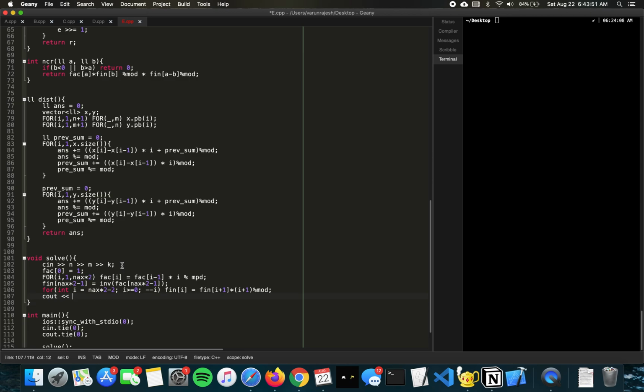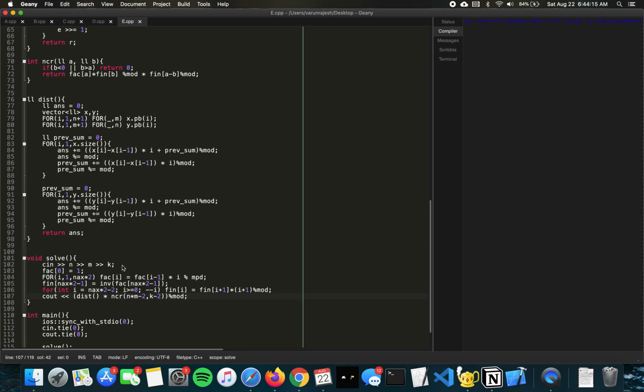So then, like we said above, it would just be computing the Manhattan distances of all the points on the grid, times that by NCR of n times m minus 2 and k minus 2 mod mod. Of course, there's a bug.